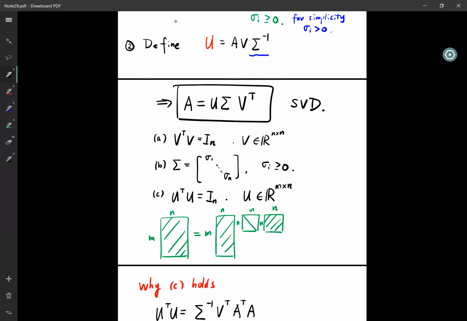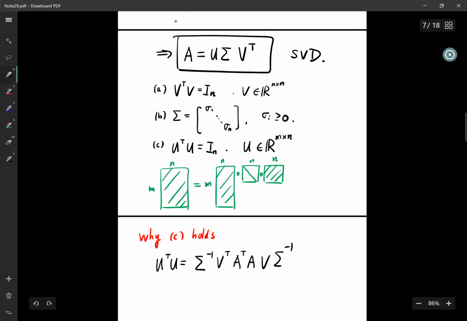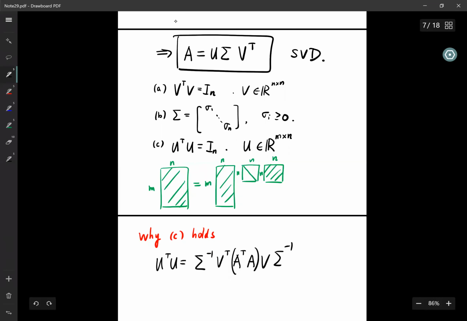And this is V sigma inverse. Recall that A transpose A has an eigenvalue decomposition. This is V sigma square V transpose V sigma inverse.